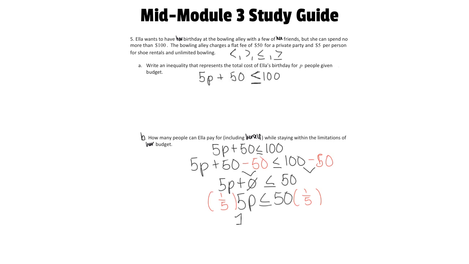So now I have 1P is less than or equal to 50 divided by 5. Now, I know that P is less than or equal to 10. So how many people can Ella pay for, including herself, while staying within the limitations of her budget? And that is a total of 10 people.